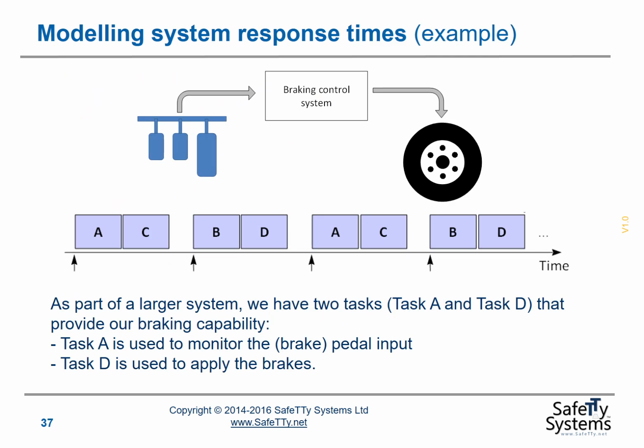So let's look at a simple example first. As part of a larger system, let's assume we have two tasks, task A and task D, that provide a braking capability in our braking control system. Let's assume that task A is used to monitor the brake pedal input, and task D is used to apply the brakes.